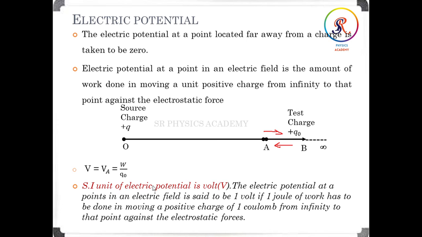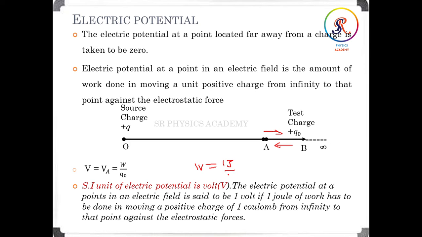The SI unit of electric potential is the volt. 1 volt is equal to 1 joule by 1 coulomb.